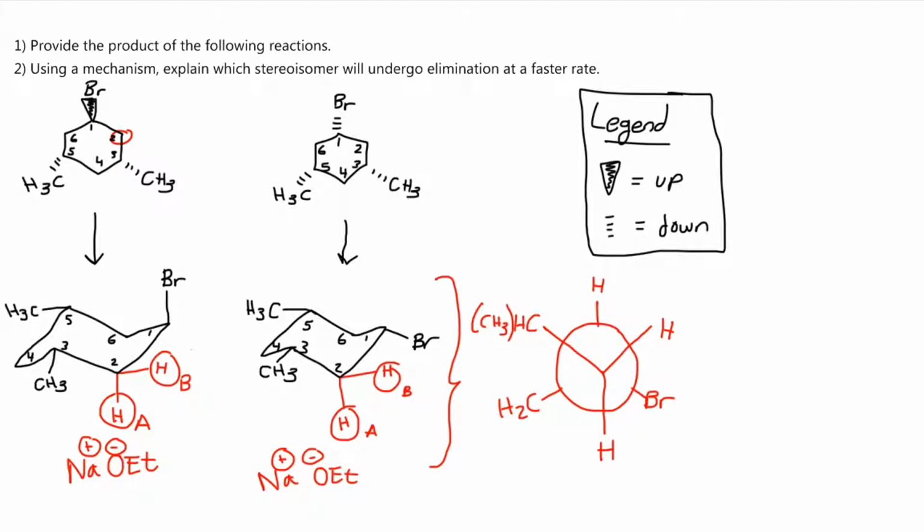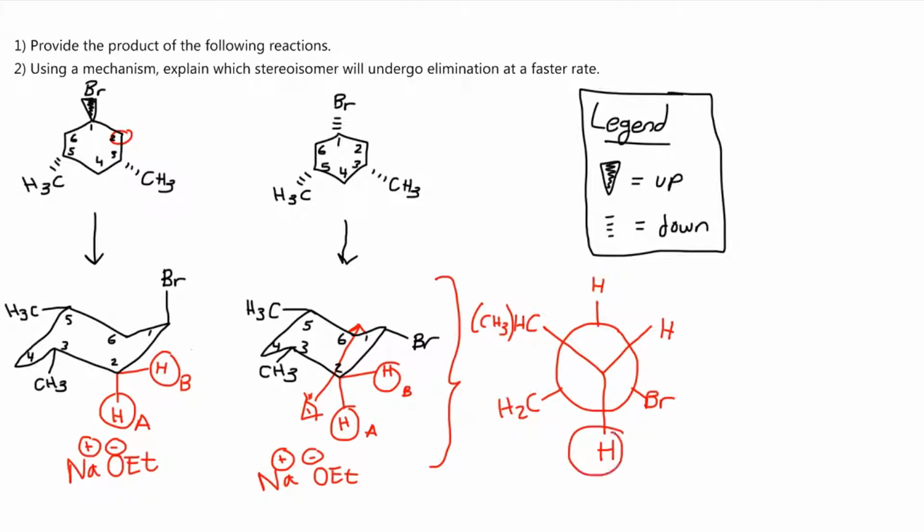Here's the Newman projection for a view looking from carbon 2 to carbon 1. Imagine your eye over here, looking from carbon 2 to carbon 1. This would be the Newman projection. If you look at it, it's apparent that there's still some steric effect going on here.